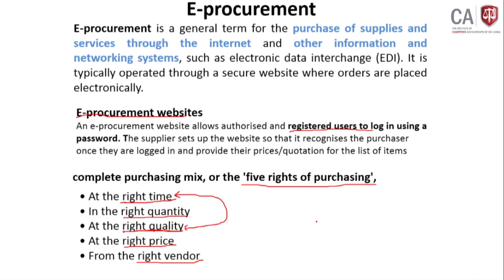Normally, what we have seen in most organizations is that they compare the prices and select the vendor. But it should be the other way. You have to select the best quality product, the best quality vendor, and then open the price envelopes.